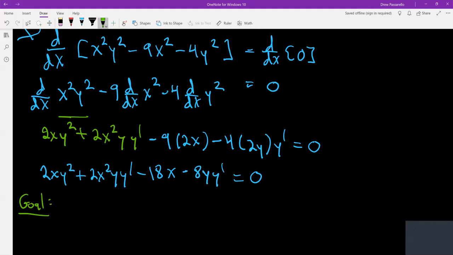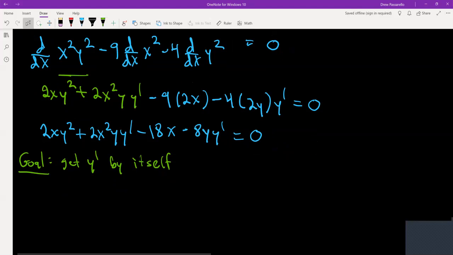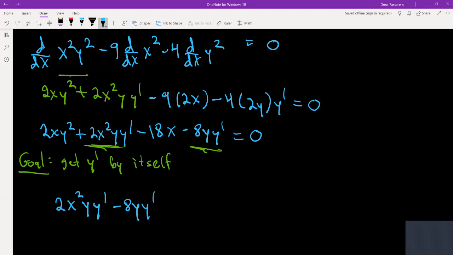So again, the goal is to get y prime by itself to get its derivative. Well, the terms that have y prime are this one and that one. So I'm going to write those down. Now the other two terms do not have y prime.